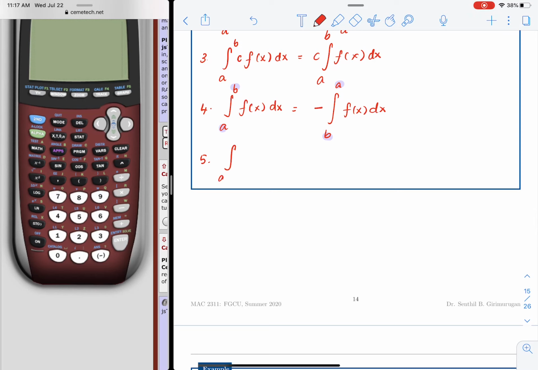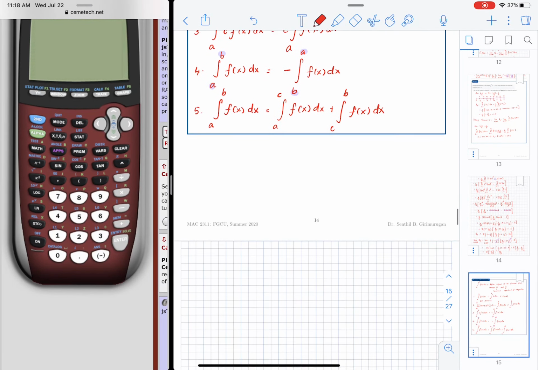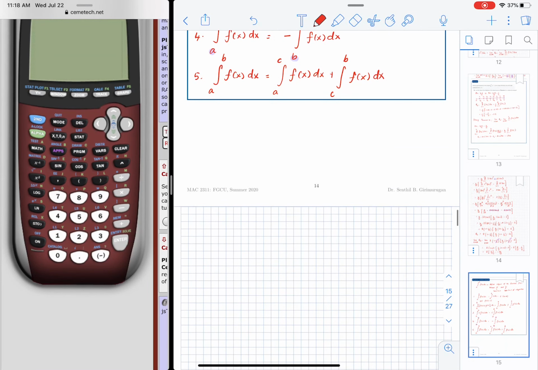So if I have the integral from a to b of f of x dx, then I can pick an arbitrary point c between them and integrate the function from a to c, then c to b.